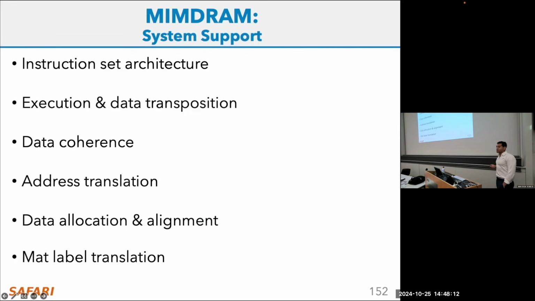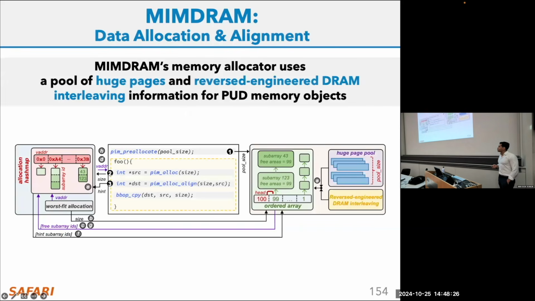So this MIMDRAM paper is quite a dense paper because we try to cover a lot of system support that needs to be done so that this works in a real system. And one of the key things that needs to happen is data allocation and alignment. So now I need to find a way to know that some given data structures are going to be placed in some given DRAM mats and need to be aligned so that I can execute the computation while fully utilizing the substrate.